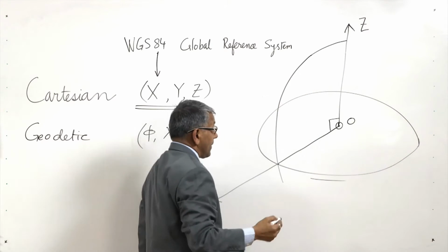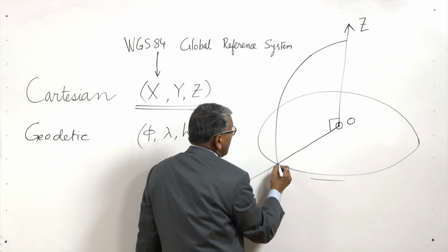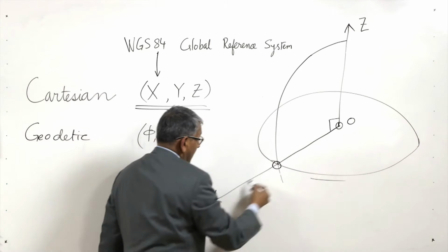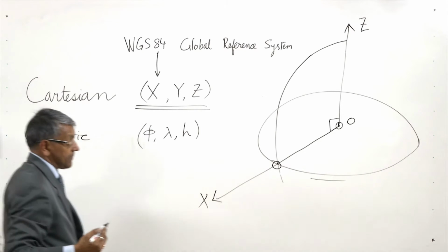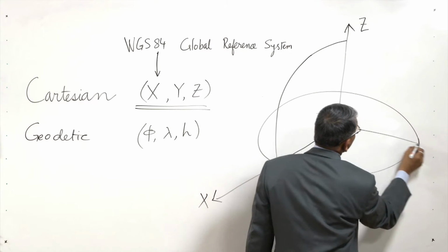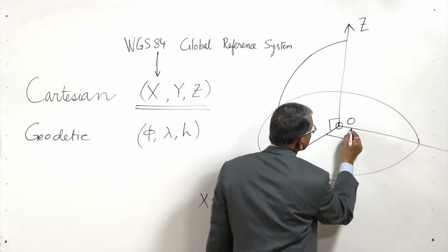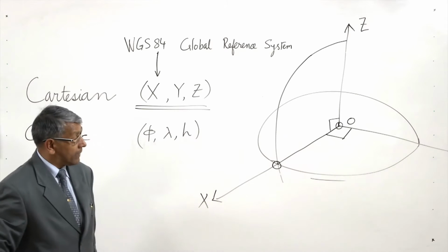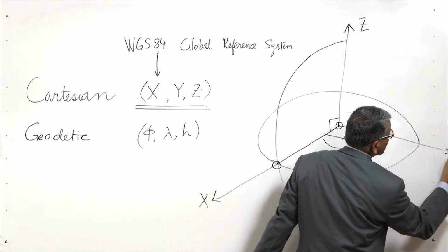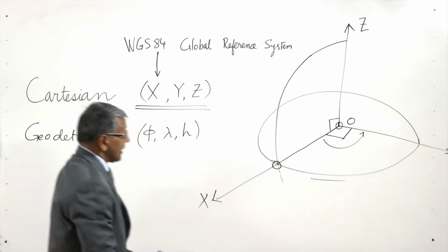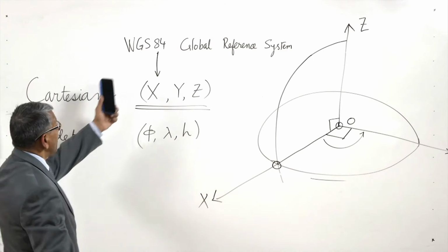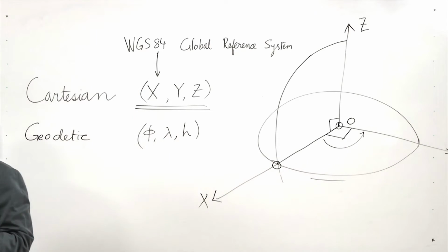The intersection of those two will be a point, and the line through this is the x axis. Now if we imagine another line which is perpendicular to the x axis in the equatorial plane, in the right hand direction, that is the y axis. So in this way the x, y, z axes are defined for the WGS84 coordinate system.